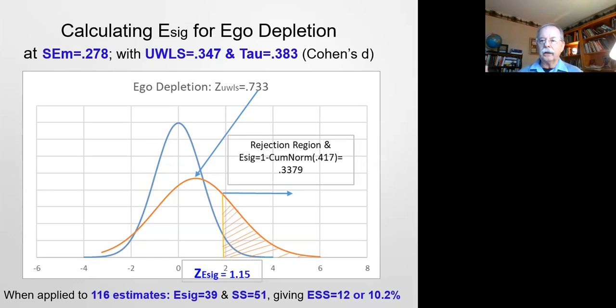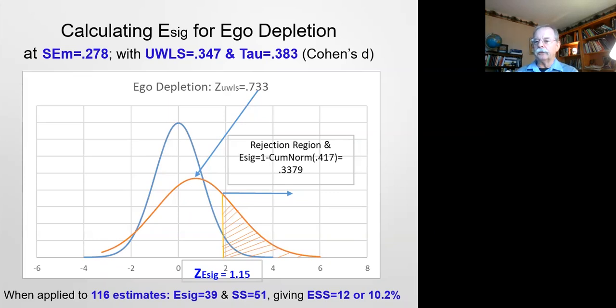We expect it to have a larger mean, about 0.35. So we moved this curve over. And also we expect it to have a larger variance, because there's heterogeneity, quite large heterogeneity, as a matter of fact. So the blue curve is only sampling error, and the orange curve has both sampling error and heterogeneity accounted for.